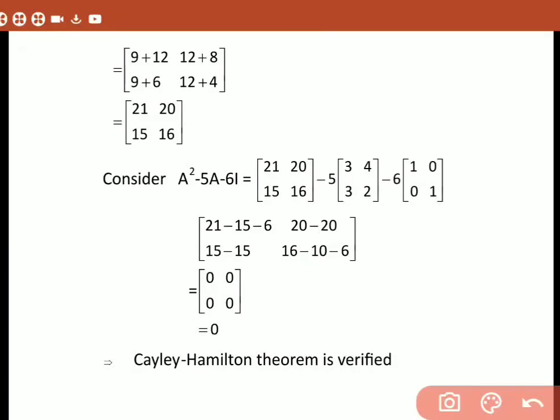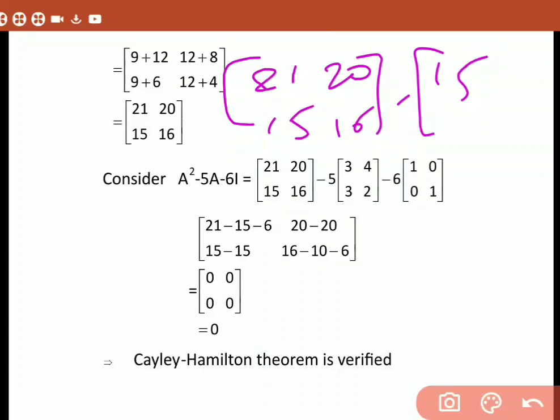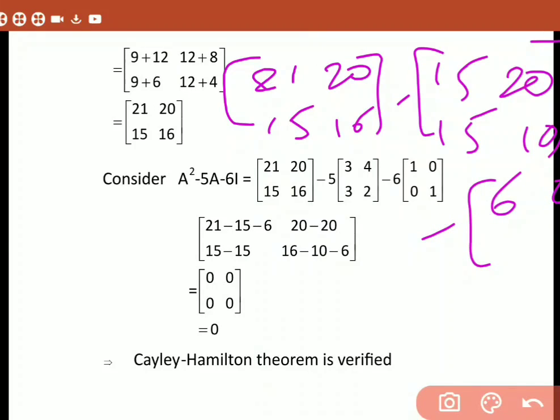You will get 21, 20, 15, 16 minus 5 into 3, which is 15, then 5 into 4, 20, then 15, 5 into 2, 10, minus 6, 0, 0, 6. Like this you will get. Add the corresponding elements. 21 minus 15 minus 6.